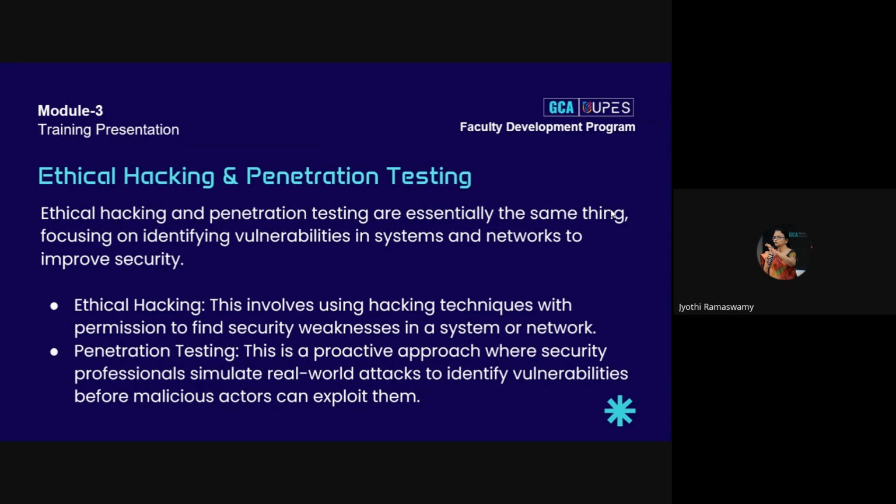So ethical hacking is testing the network's policies, the configurations and the protocols, to see whether it is giving the required security to the network and the information and assets inside the network. That is ethical hacking. Penetration testing is trying to see if we can breach those controls, right?